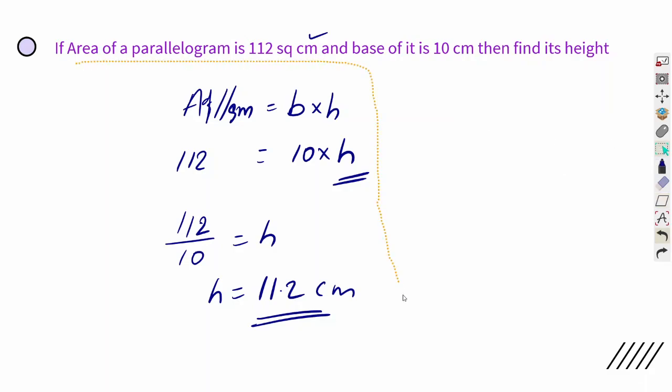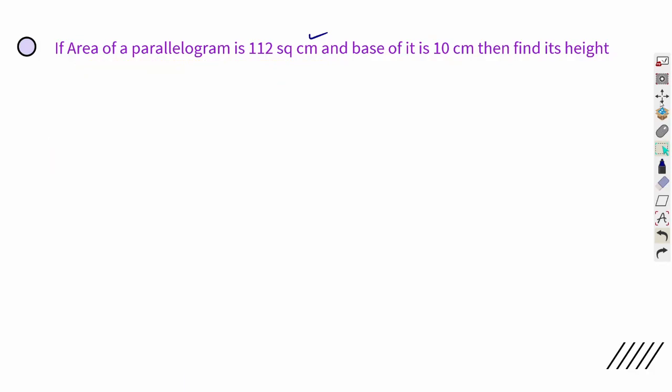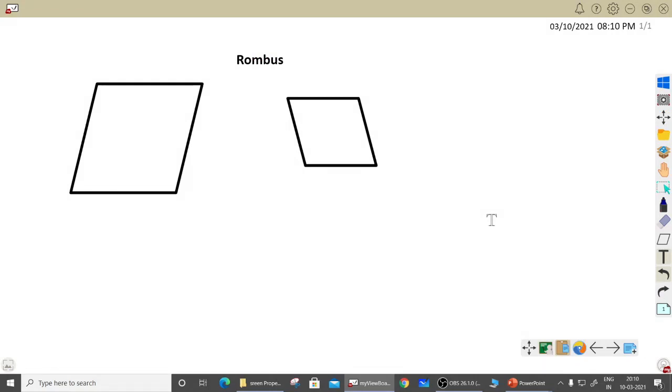I just want to introduce the next concept: the parallelogram concept can be changed into a concept of rhombus. Now let us consider a rhombus. A rhombus is also a parallelogram. I told you a rectangle and a square are parallelograms too, and we know how to calculate their area. The area of a parallelogram can be calculated simply by multiplying base into height.